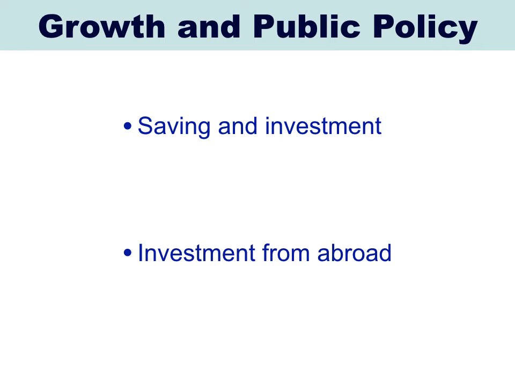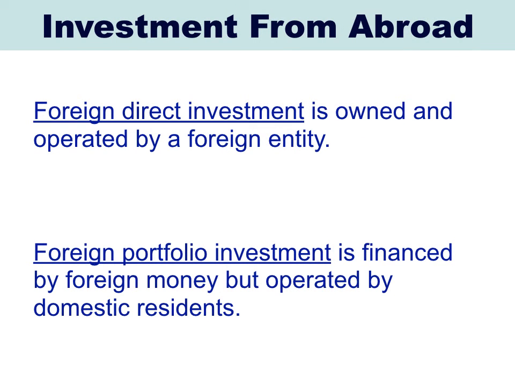They also might encourage investment from abroad, so sometimes they don't, sometimes they do, but essentially trying to get people from other countries to invest in a home country. These types of investment include foreign direct investment, which is when someone from another country actually comes in to a new country and owns and operates a business.